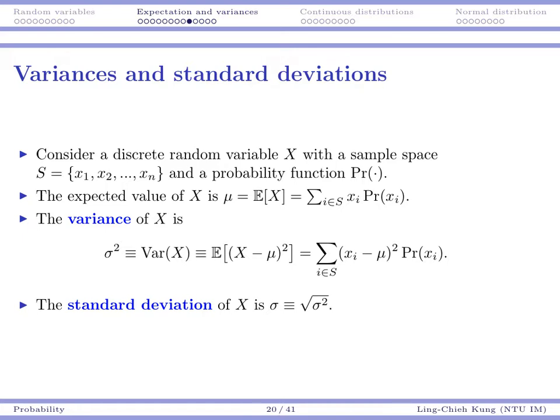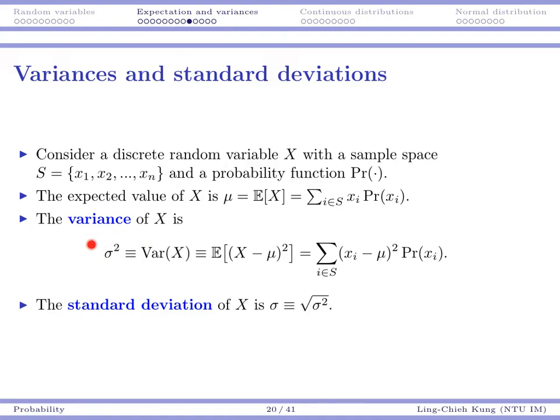If basically all those middle values have high probabilities, then this distribution is not dispersed. But if extreme values have higher probabilities, then this random variable is dispersed. So that motivates the definition of variance in this way.